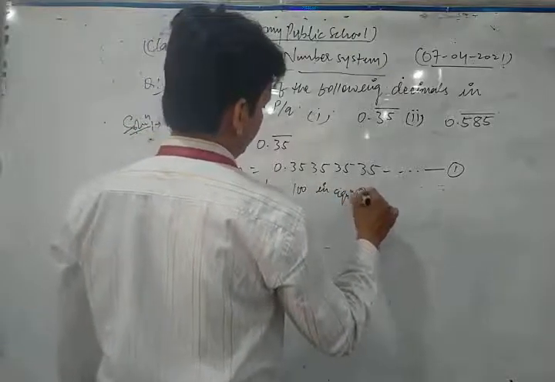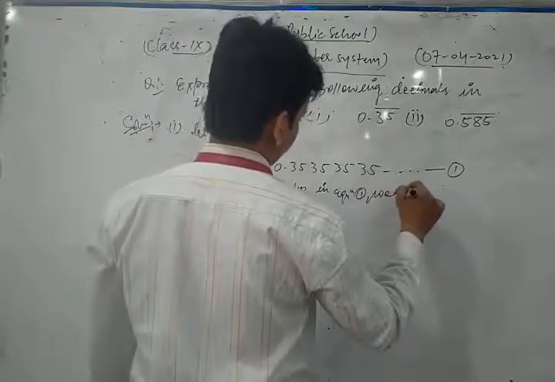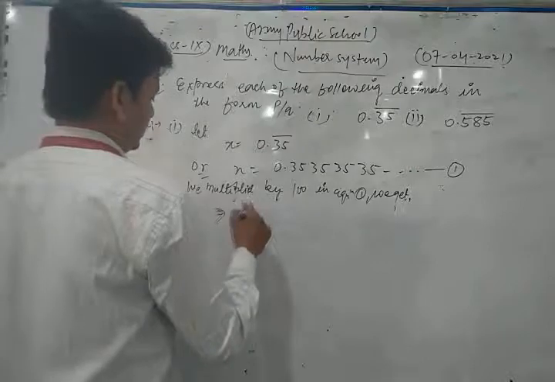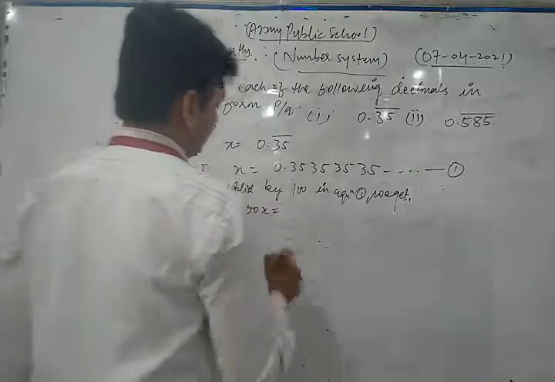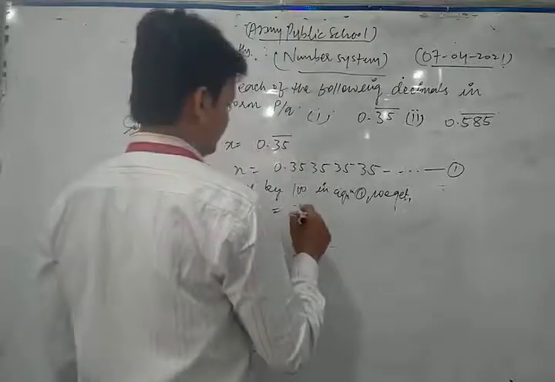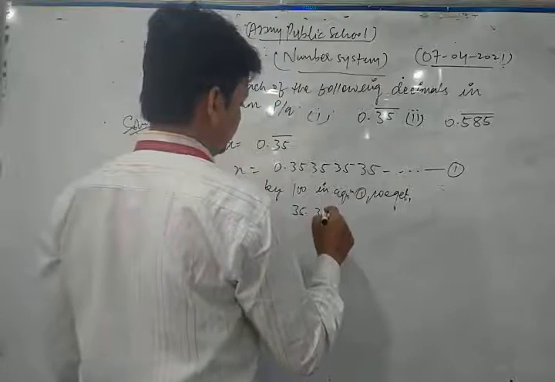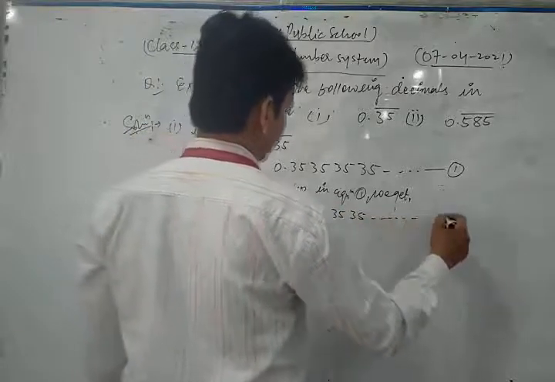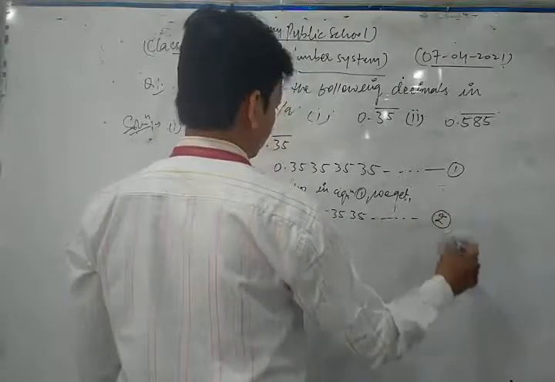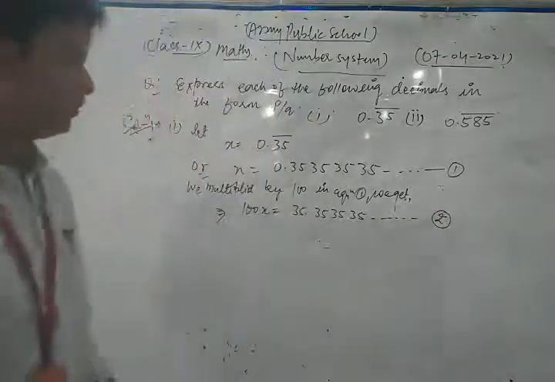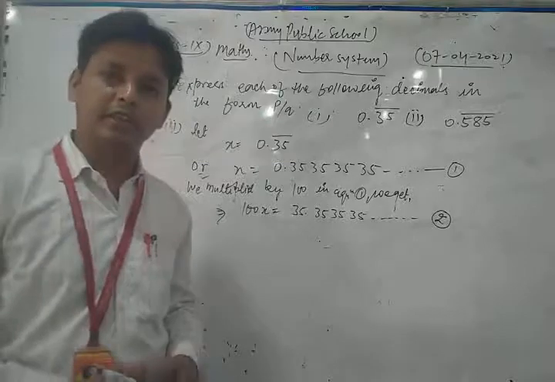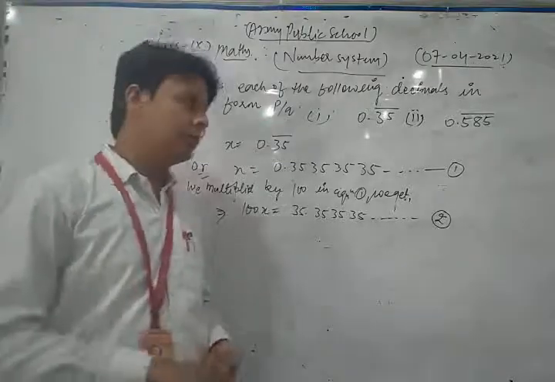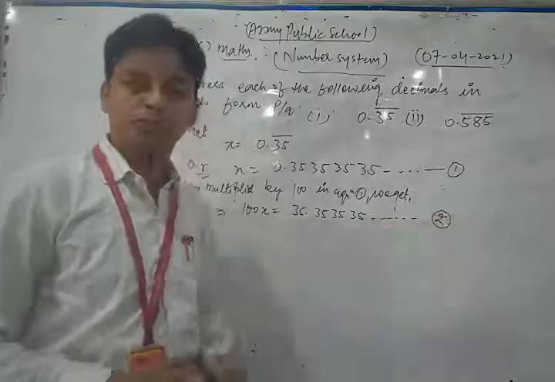Multiplying equation 1 by 100, we get 100x equals 35.353535 and so on. This is equation number 2. Now, what is the next step? The next step is where we subtract equation 1 from equation 2.